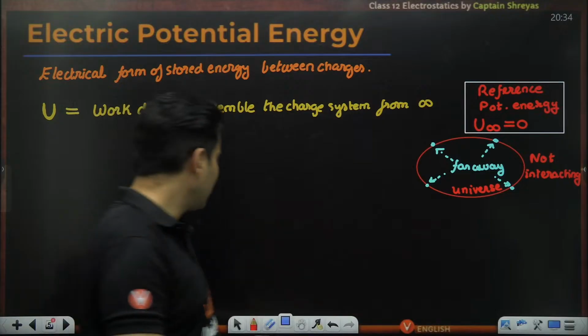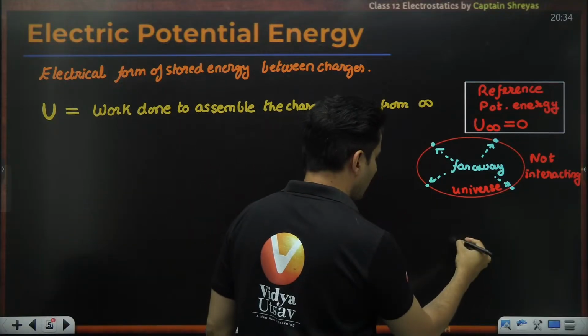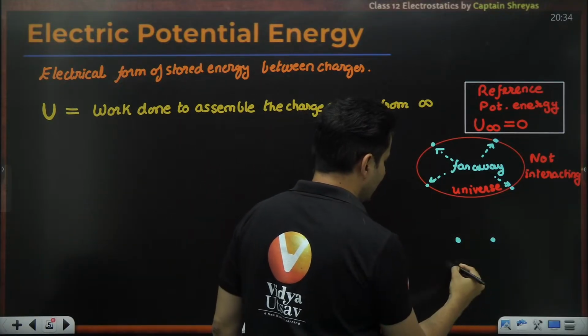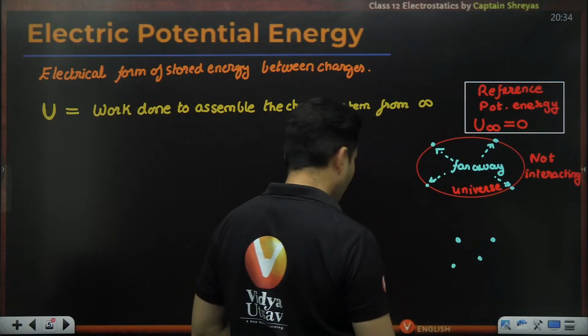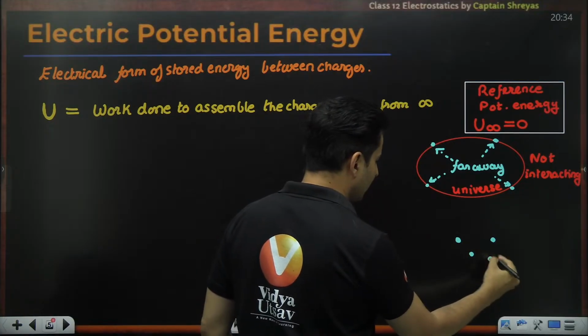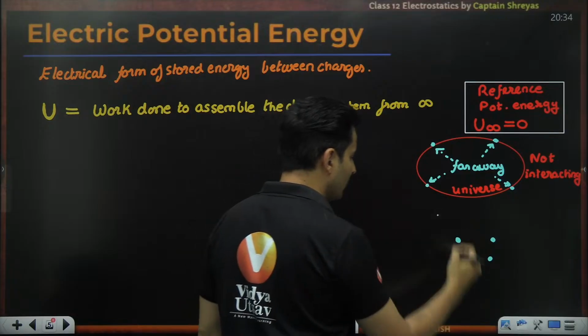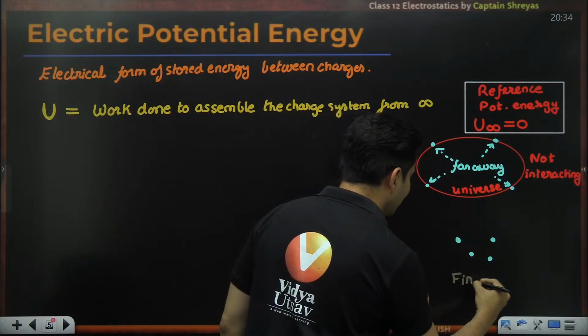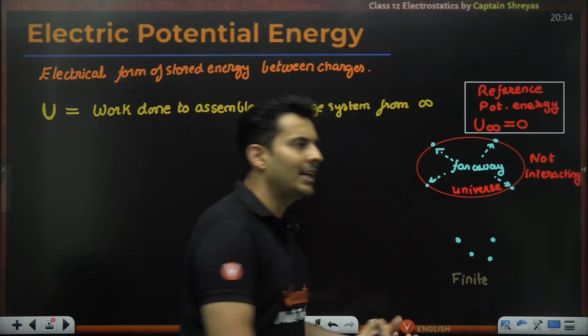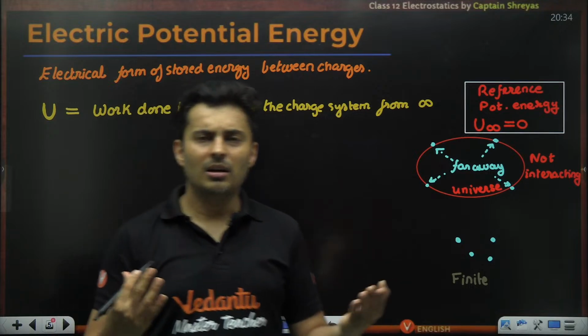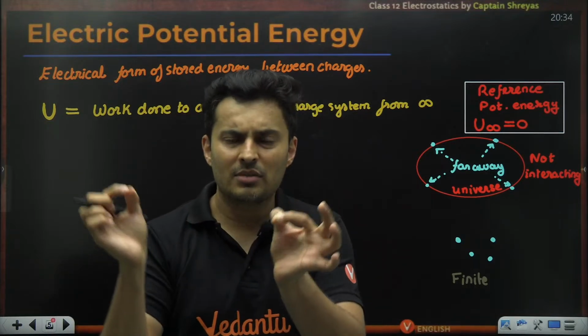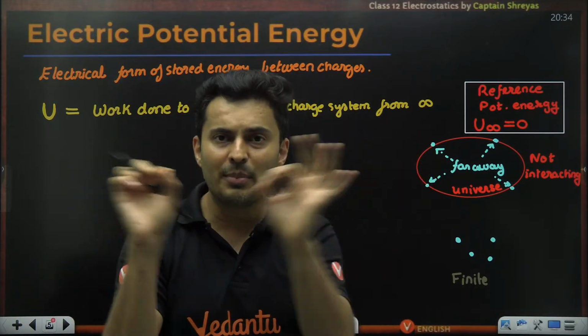Now you bring these charges close enough to each other. Now they are at some decent distances, maybe here, maybe here. Now they are separated by a finite amount. Finite means one charge is a few meters from here, one charge is here. So now you can measure those distances.